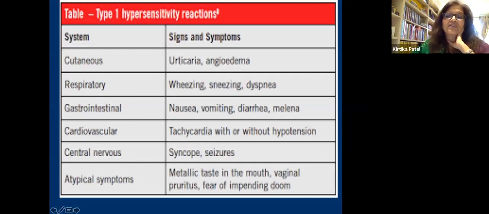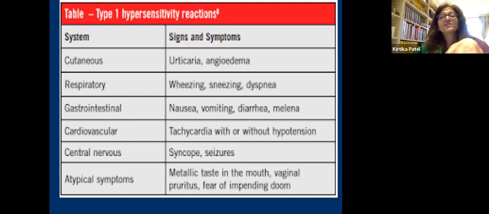In the GI system, people complain of cramps, diarrhea, and vomiting. It can also cause tachycardia in your cardiovascular system. In the CNS, you could get seizures as well. And sometimes people complain of atypical symptoms, like they say that they get a metallic taste in the mouth, or they feel a fear of impending doom as well.